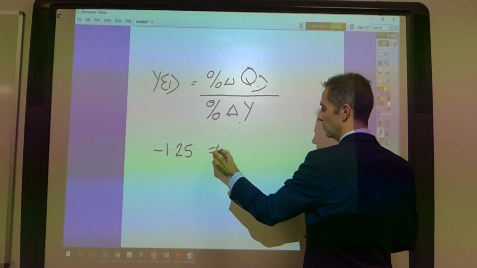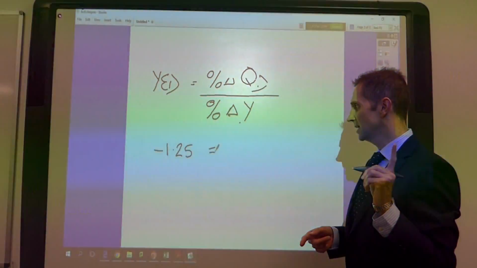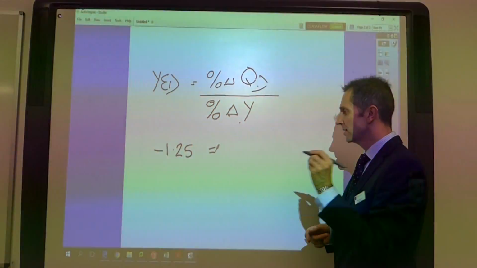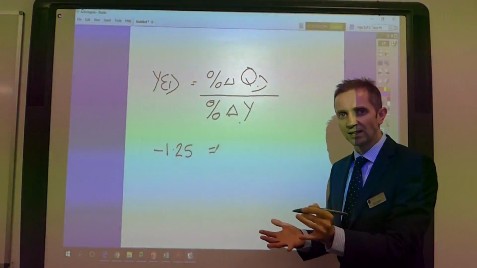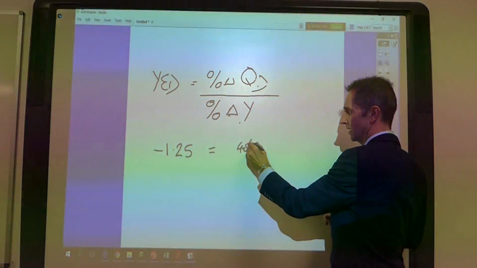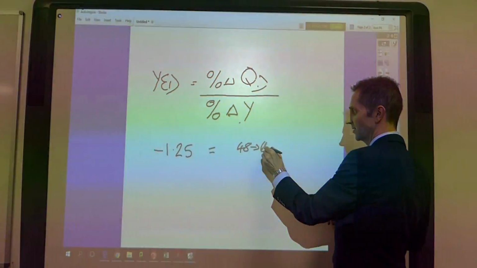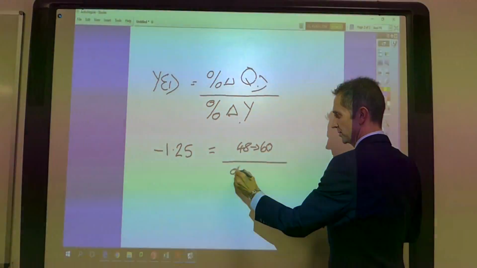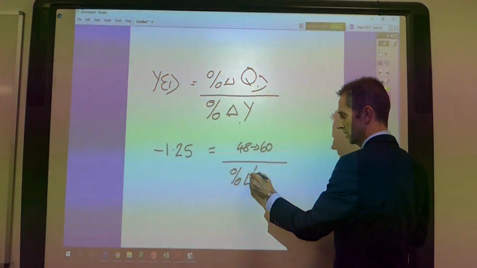And we're also told that that is the value of YED whenever quantity demanded goes from 48,000 to 60,000, or in effect from 48 up to 60, over the percentage change in income.